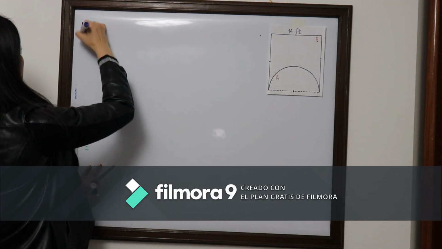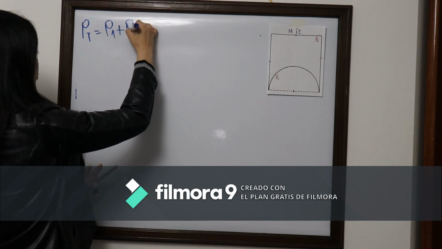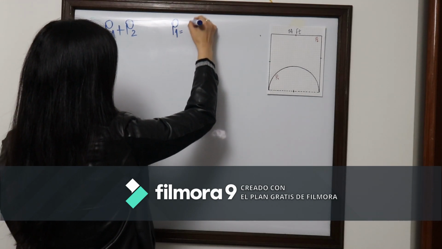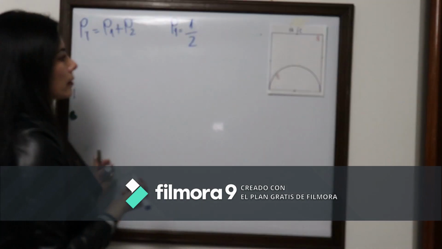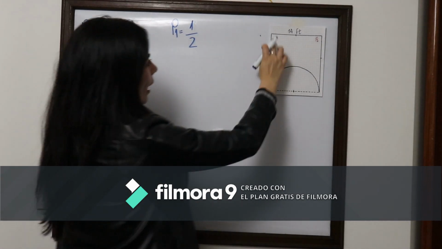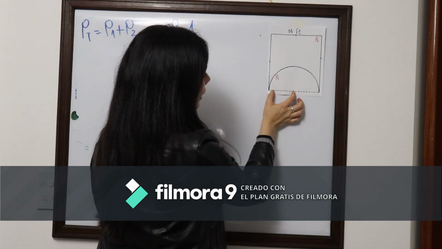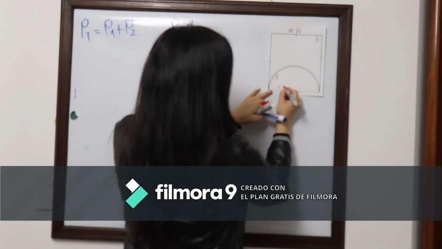So our total perimeter is going to be P1 plus P2. And then of course, P1 again has got to be 1/2 of the circumference. And so if I do have this length to be 14, the radius here has got to be 7, right? This has got to be 7 feet.